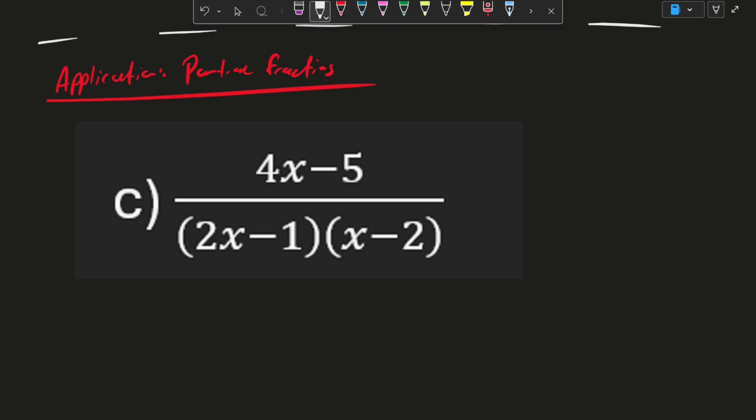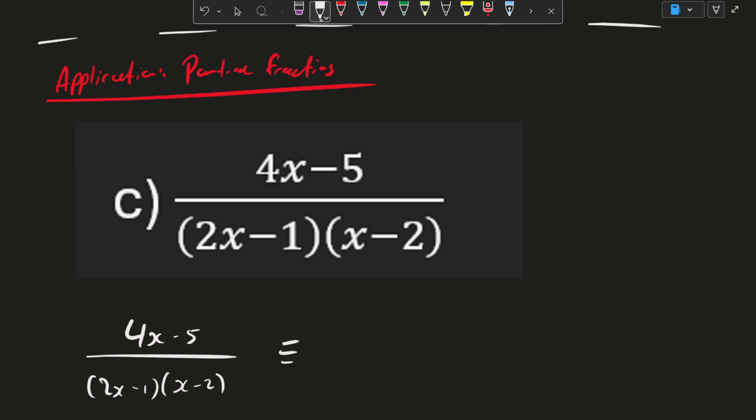So, in this particular example, we have the fraction 4x take away 5 over 2x minus 1 times x minus 2. The question might say to write it as two separate fractions in such and such form, or they'll ask you just to have it as an identity question.